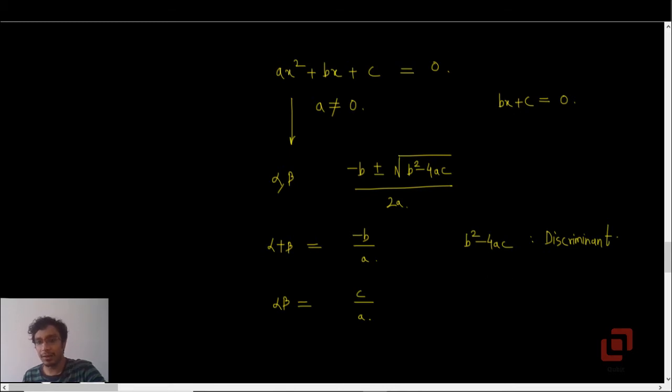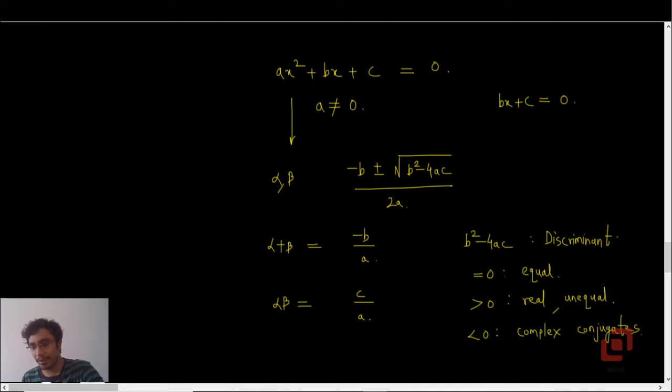When this discriminant is equal to 0, then the roots are equal. When this discriminant is greater than 0, then the roots are real and unequal. And when the discriminant is less than 0, then the roots are complex, and they are complex conjugates of each other.